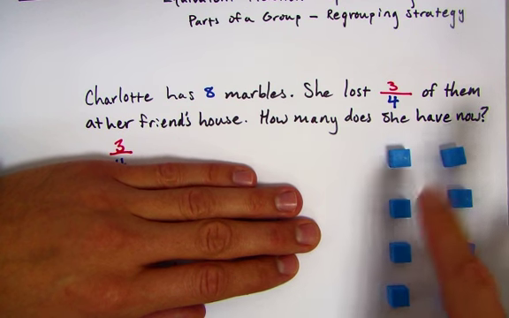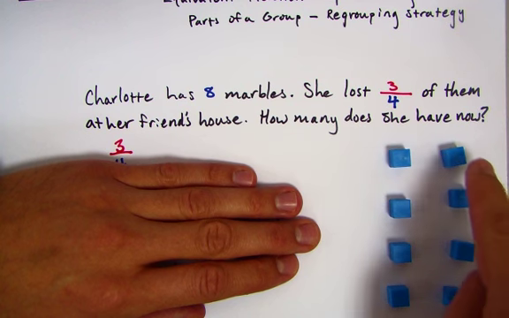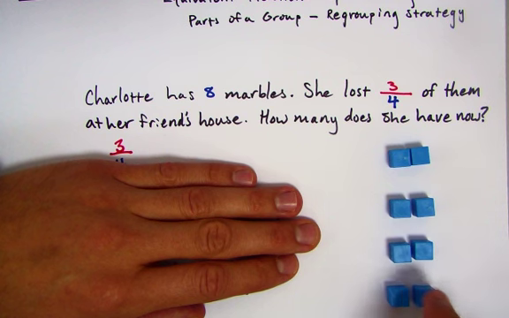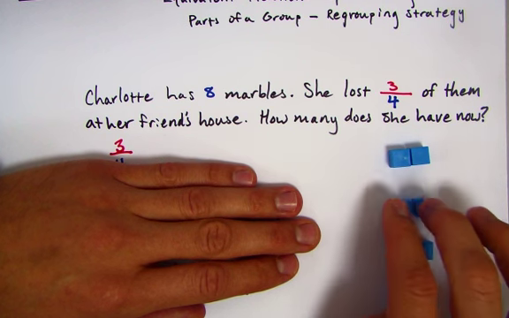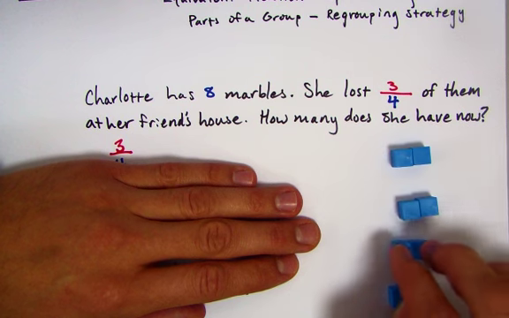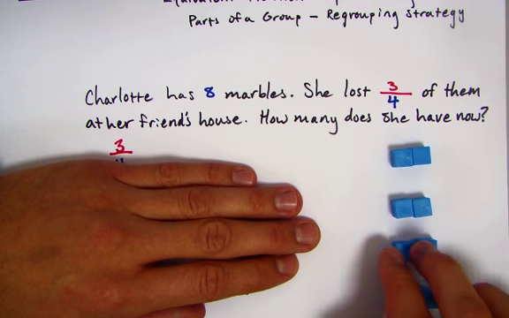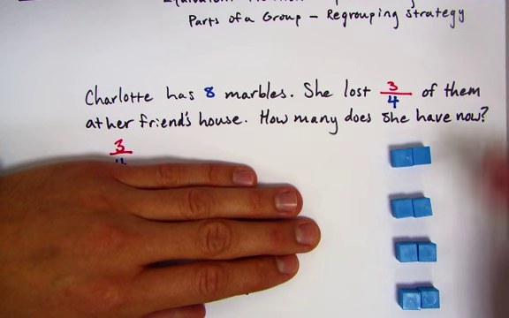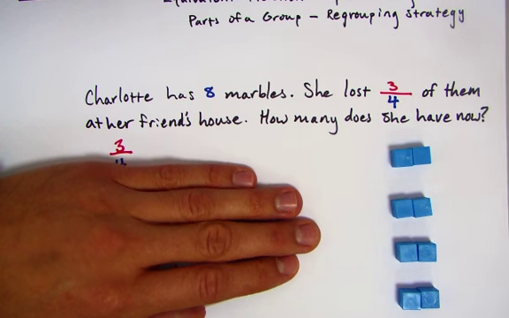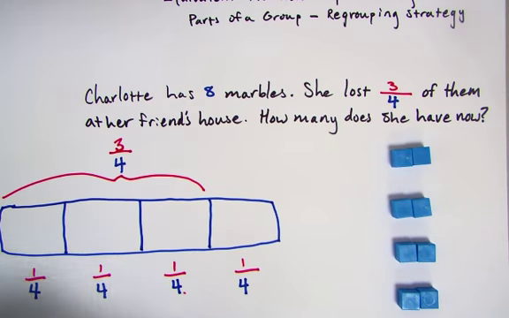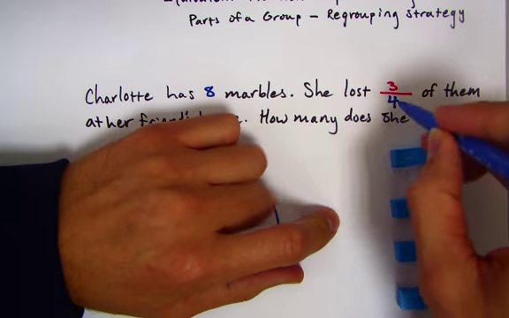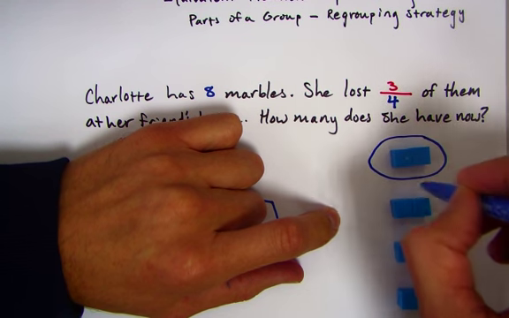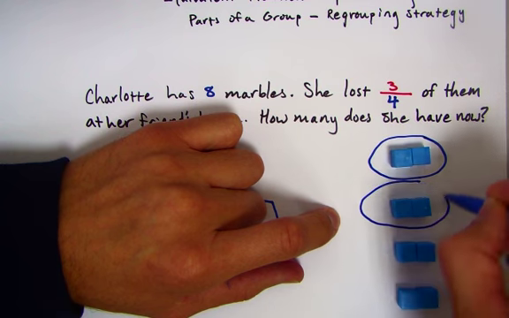Okay, so let's go ahead and do it. There it is. Now I see fourths. I just regrouped them and combined 2 of the marbles together to make a different way to look at the parts. So let's circle my parts in blue. Since I have fourths now, I'm just going to circle them. There's 1/4. There's 1/4.